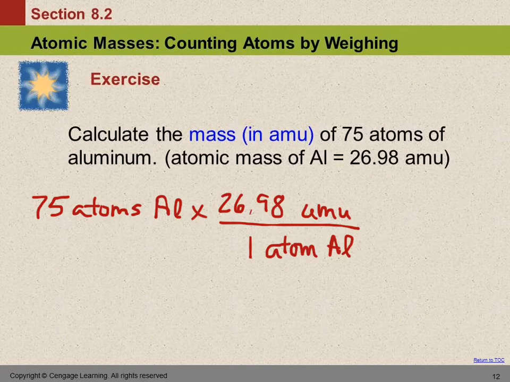So 26.98 times 75 atoms gives us a mass of 2,023.5 atomic mass units.